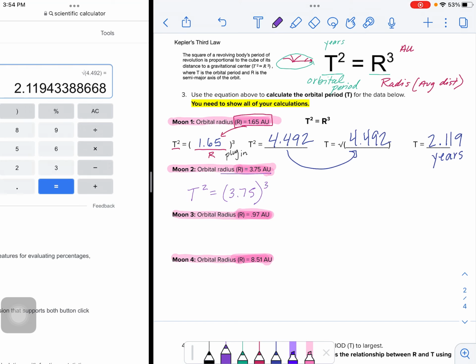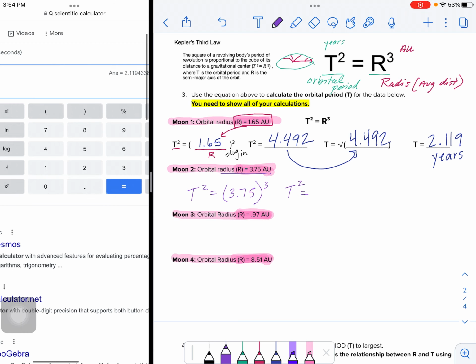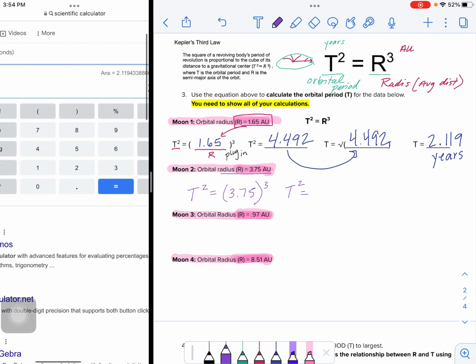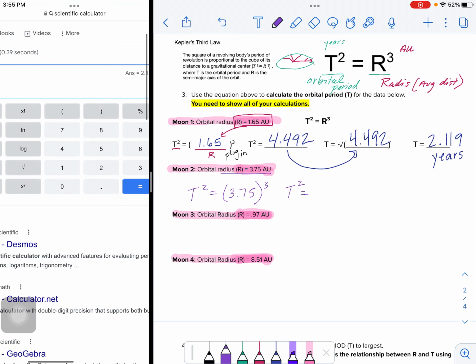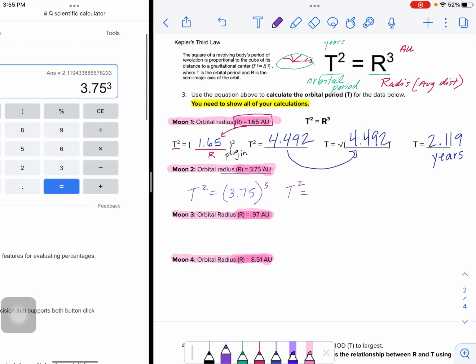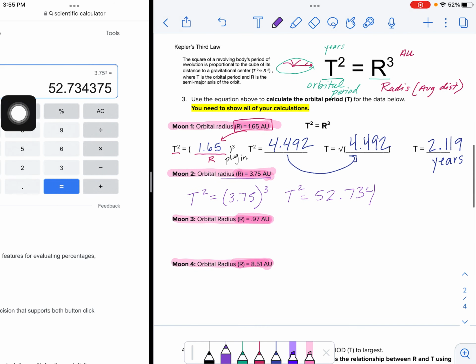Plugging that into my calculator gives me T squared equals, let's see, 3.75 to the third power. So big one here, 52.734. So that fourth number is a 3, so it doesn't round at all. So I keep my 734.